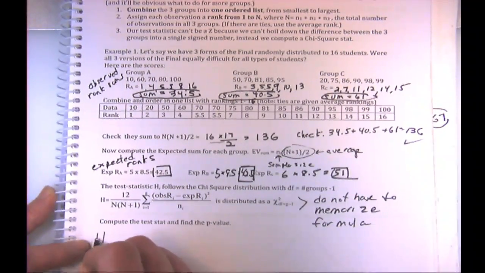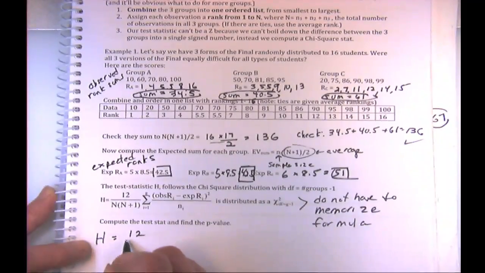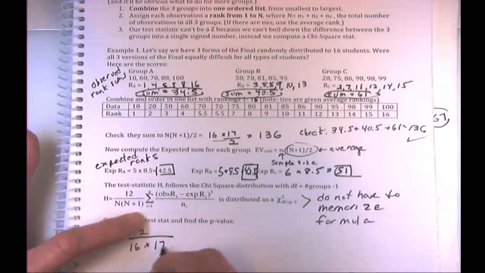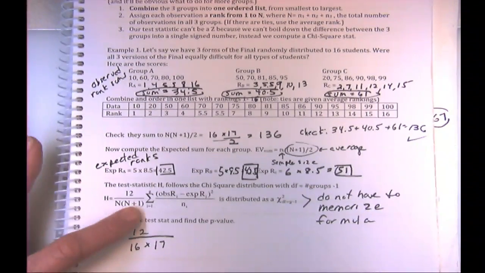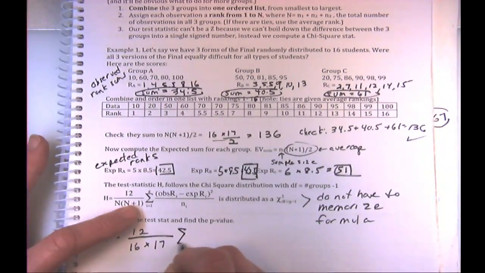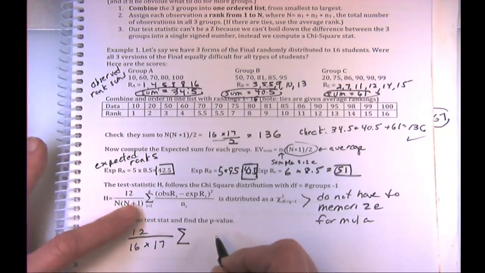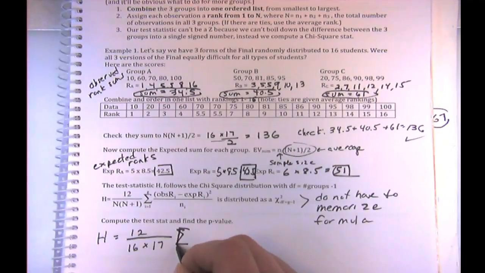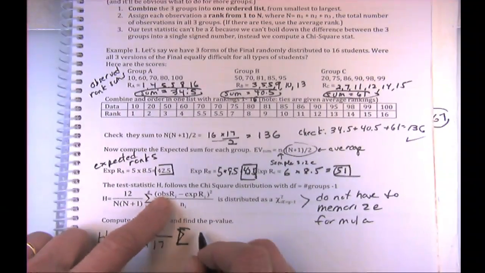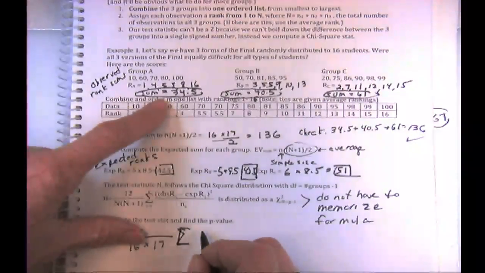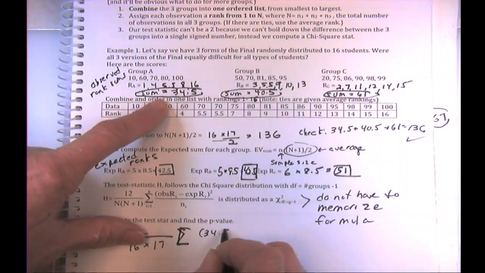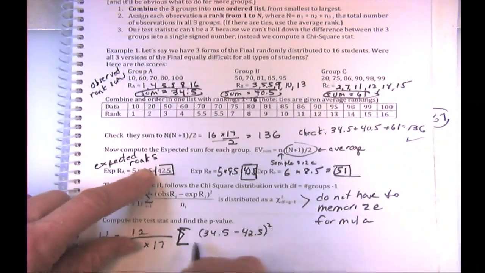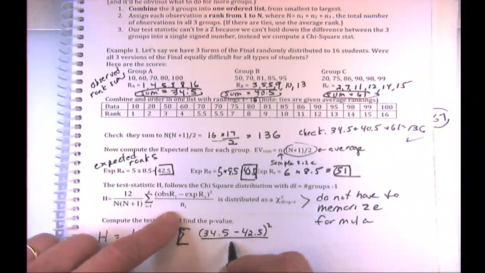So it's called an H-stat, and it's 12 over 16 times 17, because we have 16 numbers total, times the sum of what? For each group, we're going to have the observed, 34.5, minus its expected, 42.5, squared, over the sample size, so that would be over 5.